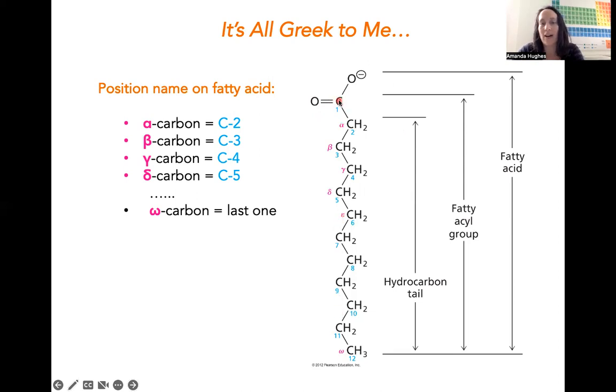Typically now this carbon is not bound to this O minus, it's bound to something completely different, like an amino acid or a cofactor, which we'll see coming up a lot later in the synthesis and breakdown of these fatty acids. So fatty acyl refers essentially to the C double bond O and then the hydrocarbon tail. And the hydrocarbon tail does not include the carboxylic acid carbon, right? This is the hydrocarbon tail.